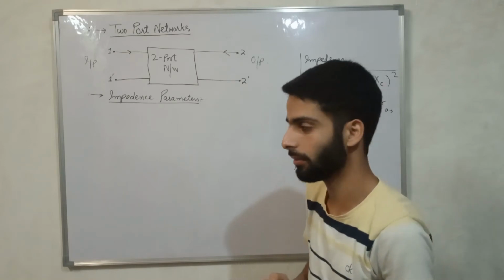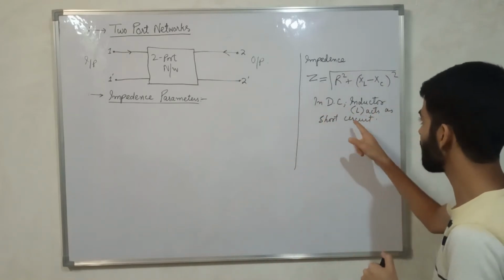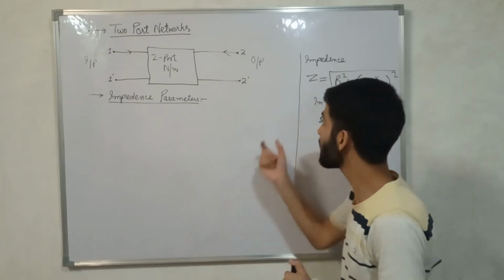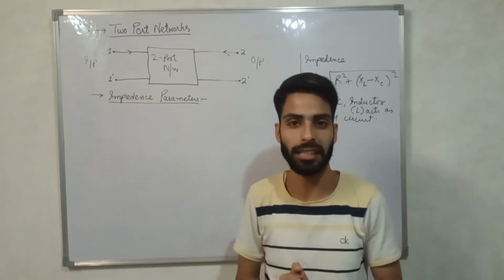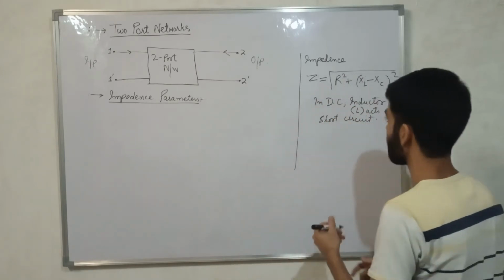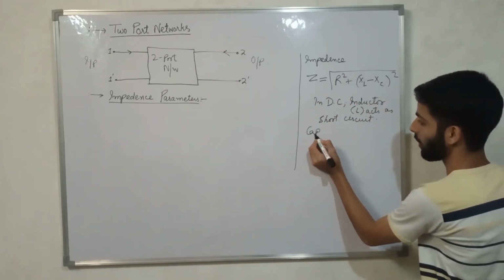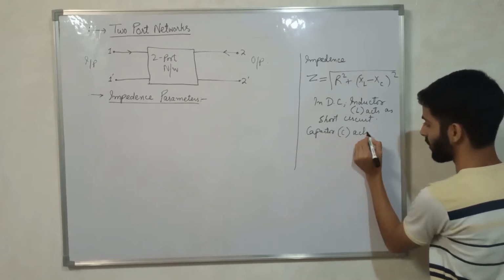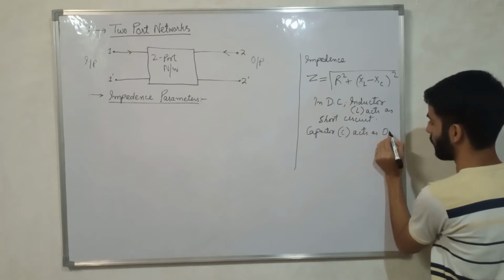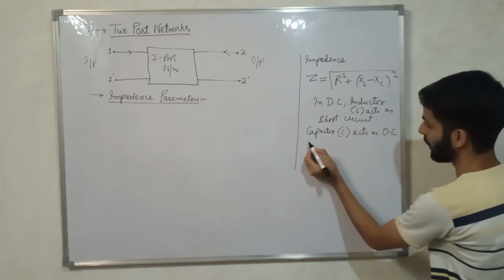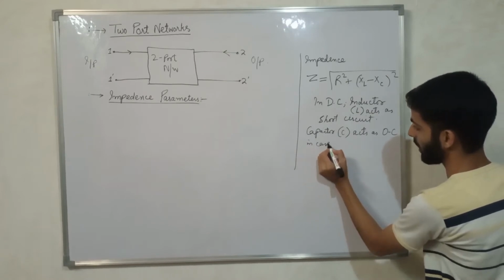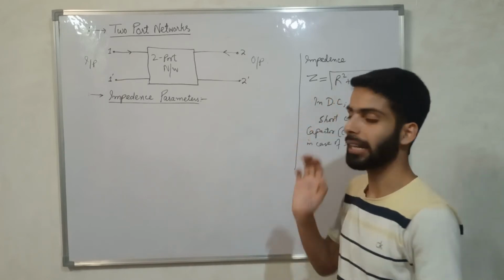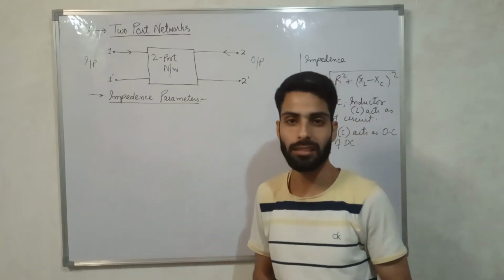There is no frequency sort of thing. So in the case of DC, the inductor acts as a short circuit. In a similar way, the capacitor C acts as an open circuit in the case of DC.